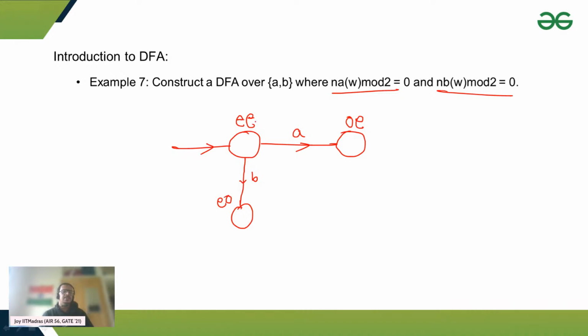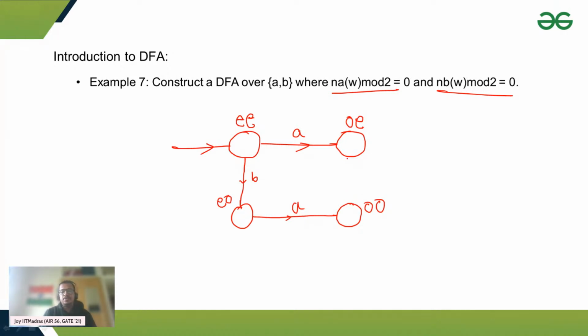Now if we get another A, then the number of A is odd as well as the number of B is also odd. Right.